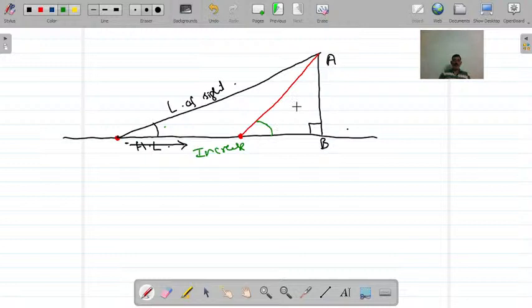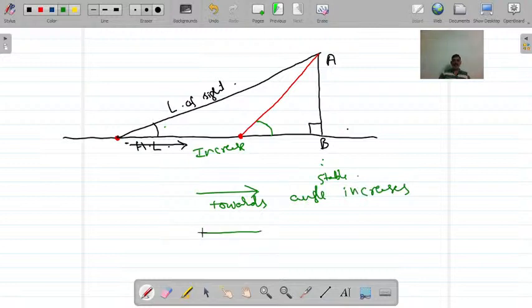When the building, tree or tower is stable and the observer is moving towards it, then the angle increases. And naturally if he moves away from the building, then the angle decreases.